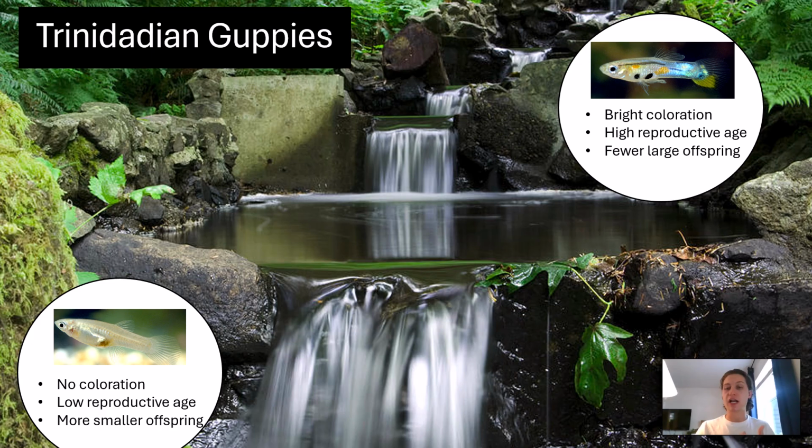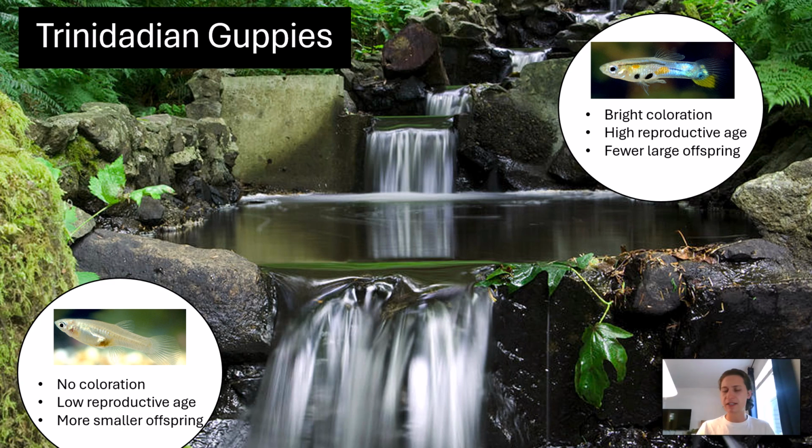They reproduce at a much younger age, and they have more numerous but smaller offspring. And so I beg you to think back to our evolution lesson and think about why these traits might exist in these different subpopulations of the Trinidadian guppies.